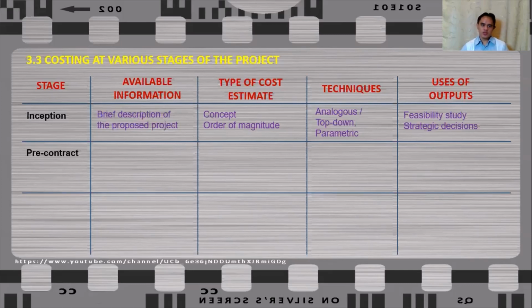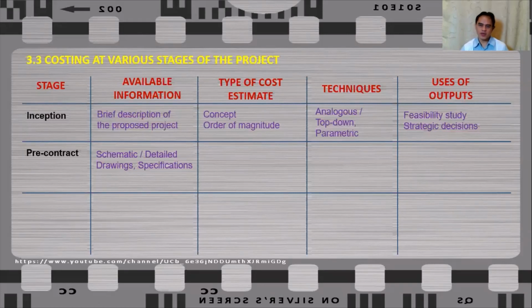The next stage would be the pre-contract. So pre-contract stage are the stages before the contract is signed. Depending on your procurement route, the available information can range from the schematic drawings, detailed drawings, or even specification.